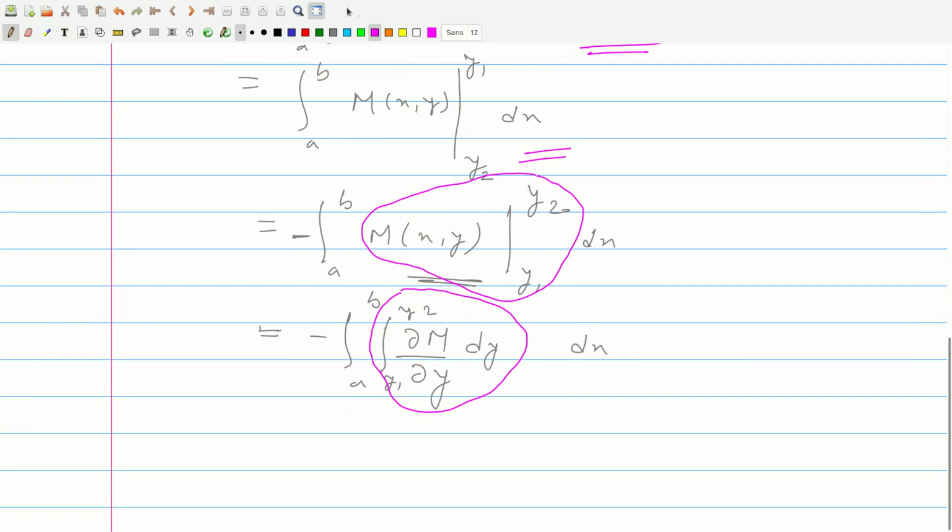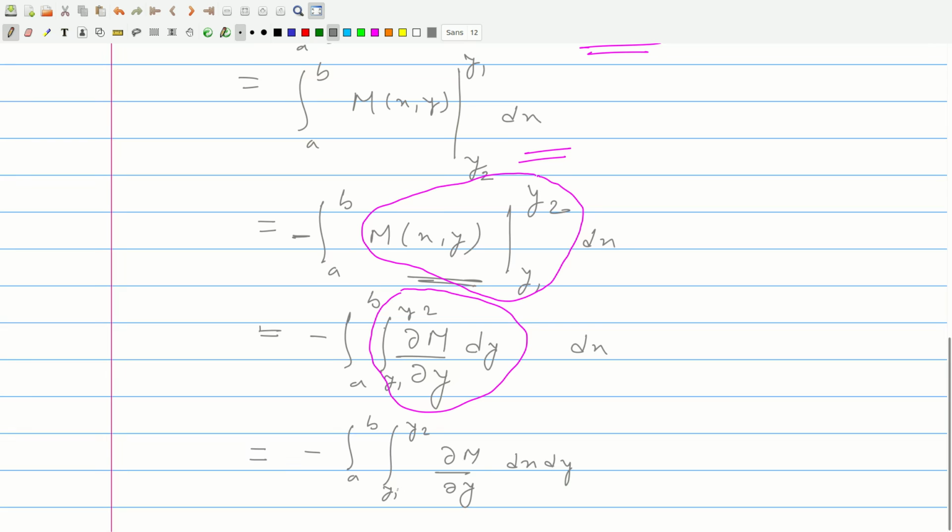Now this one we can write with a to b and y1 to y2, dx dy.